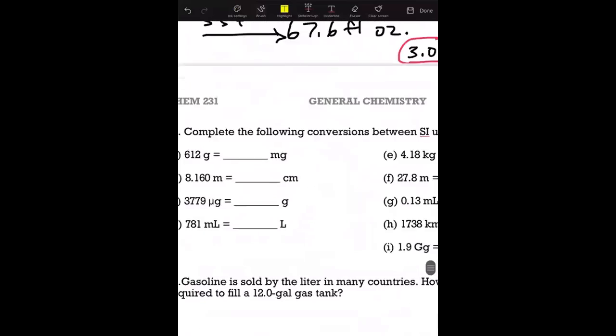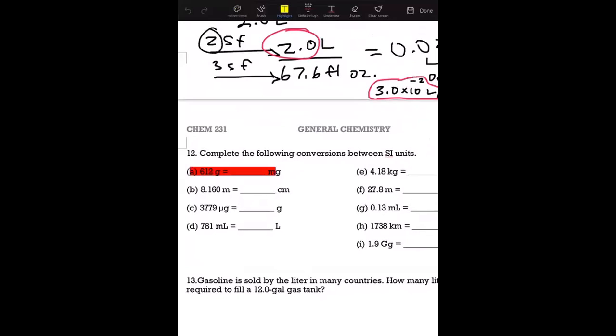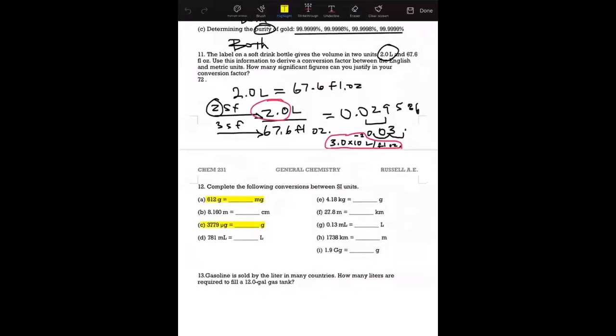Let's do a couple of these conversions down here. Let's take A, C, G, and E. We've got about 2 minutes left.